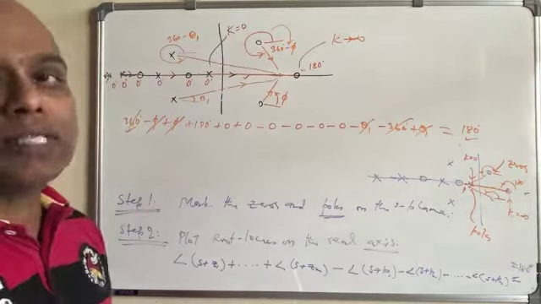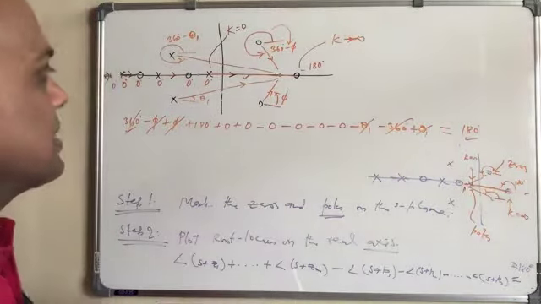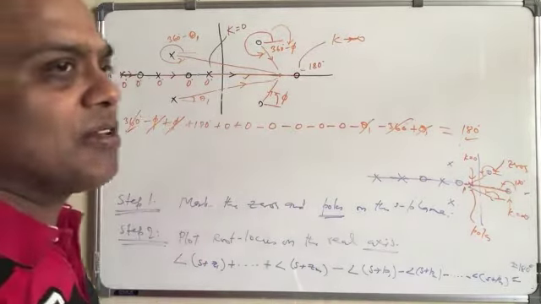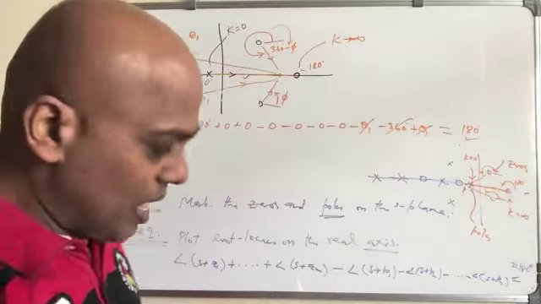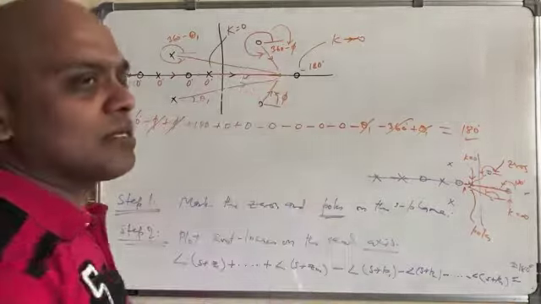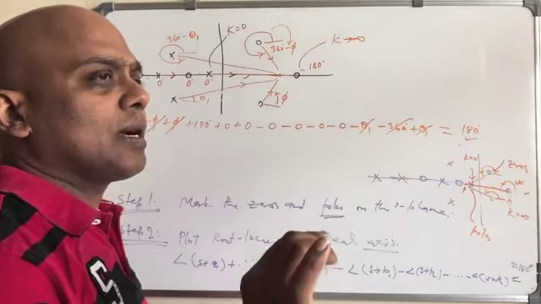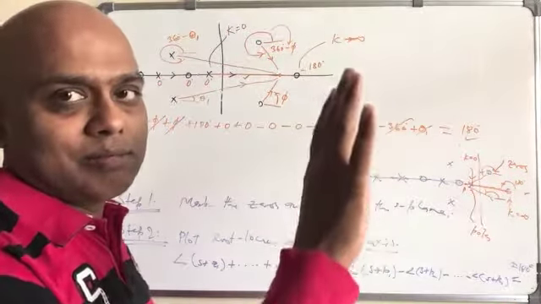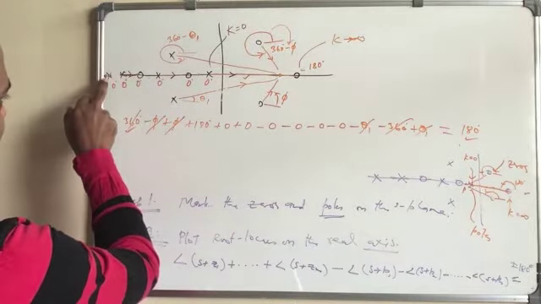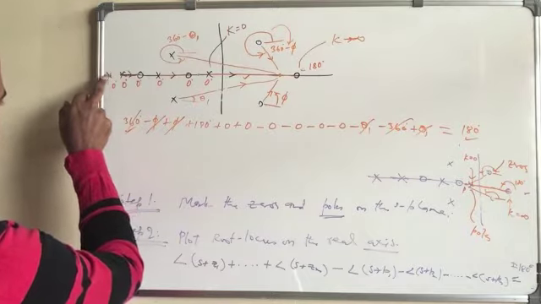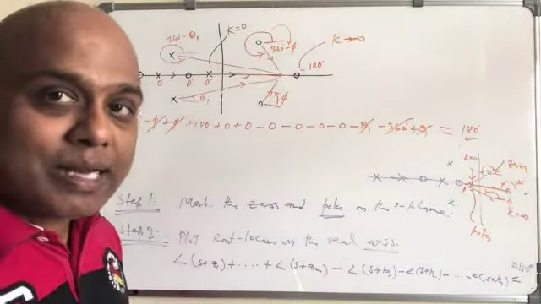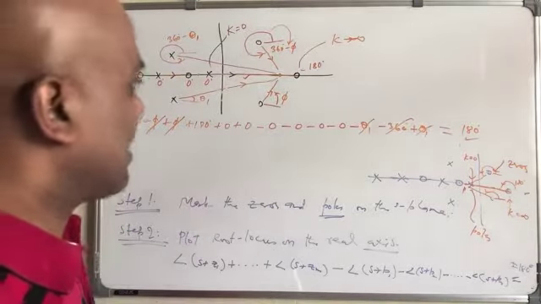Now this is also known as asymptotes. Asymptotes basically means that there is a line which extends to infinity, and the actual root locus will be tangent to that line at infinity. So in this case, the one which is going to the negative real axis will be counted as one asymptote.